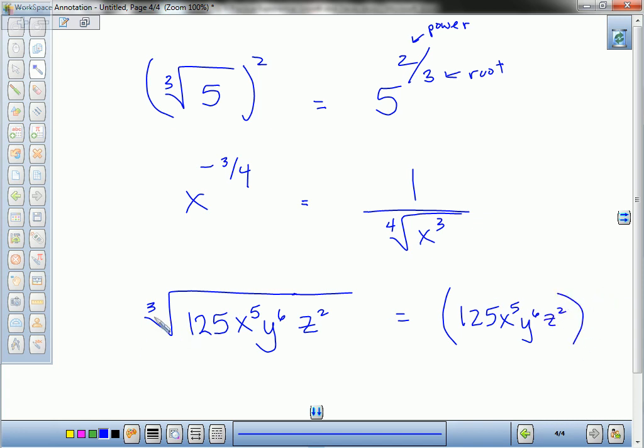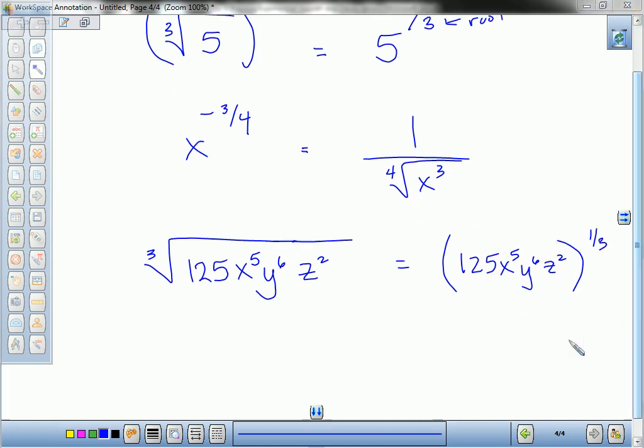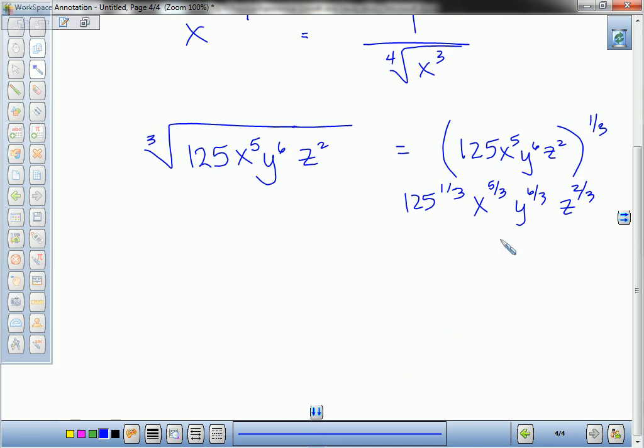To what power? Cubed root is the 1/3 power. Good. So it's like 125 to the 1/3, and then x to what power? 5/3. Y to the 6/3. Z to the 2/3. So what is the cubed root of 125? 5. It comes out.